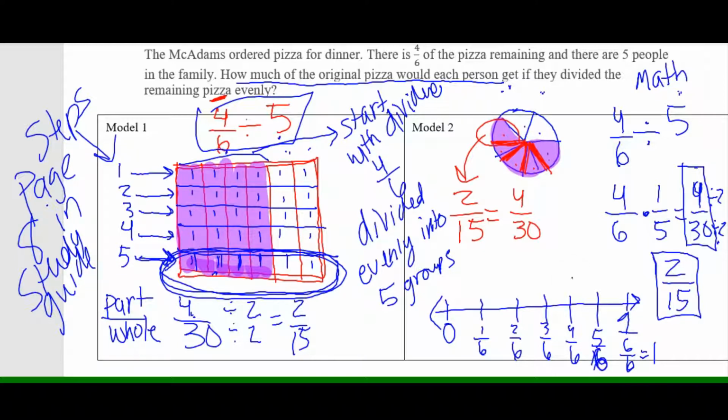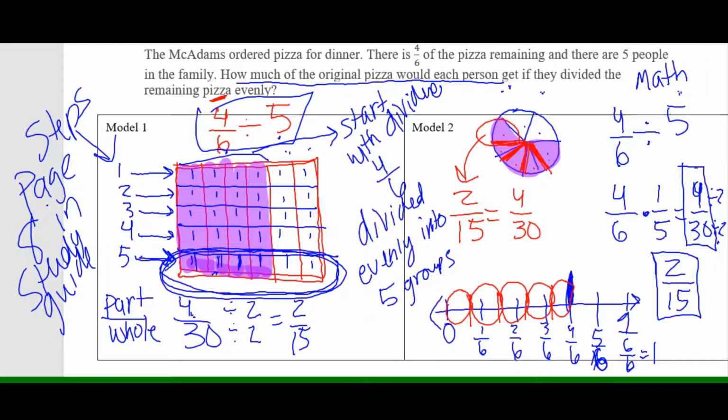So I need to start at my dividend 4/6, and then I need to divide it evenly between the 5 people that I have. So this is going to be 1, 2, 3, 4, 5. So this is me making 5 groups, and I try to get them as even as possible.